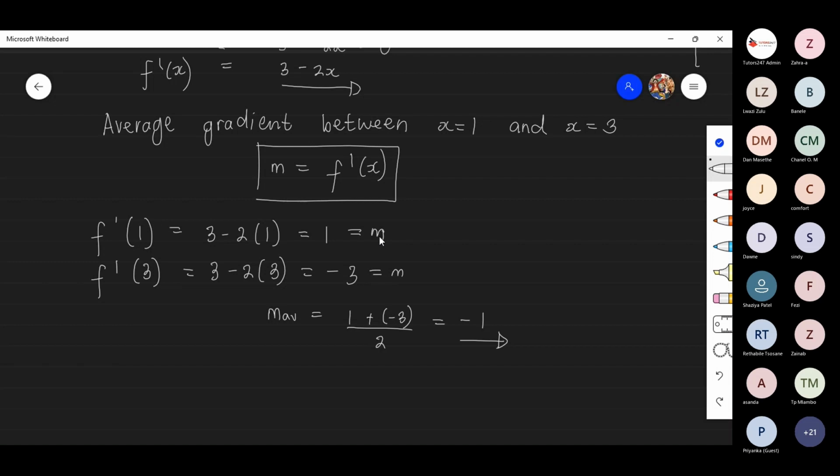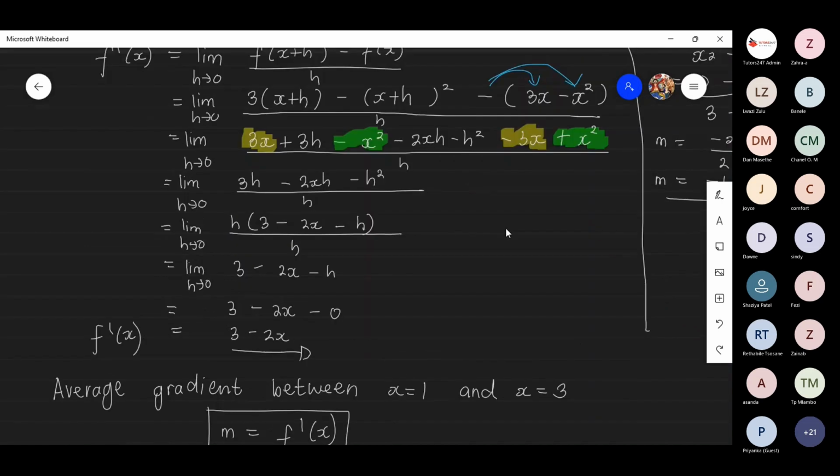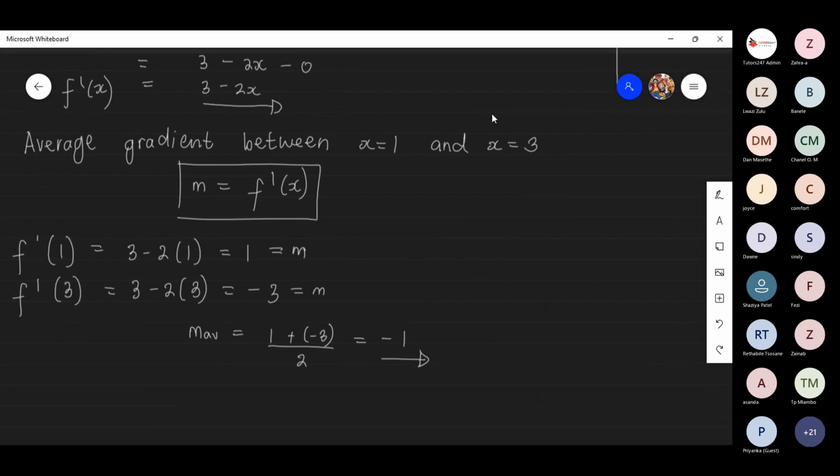Now, because they wanted average gradient, you know that whenever you find average, all you do is you add up all the components and you divide it by the number of components. That's how you find average. So, for example, let me try to represent this as a drawing. Is it a greater than 0 or less?